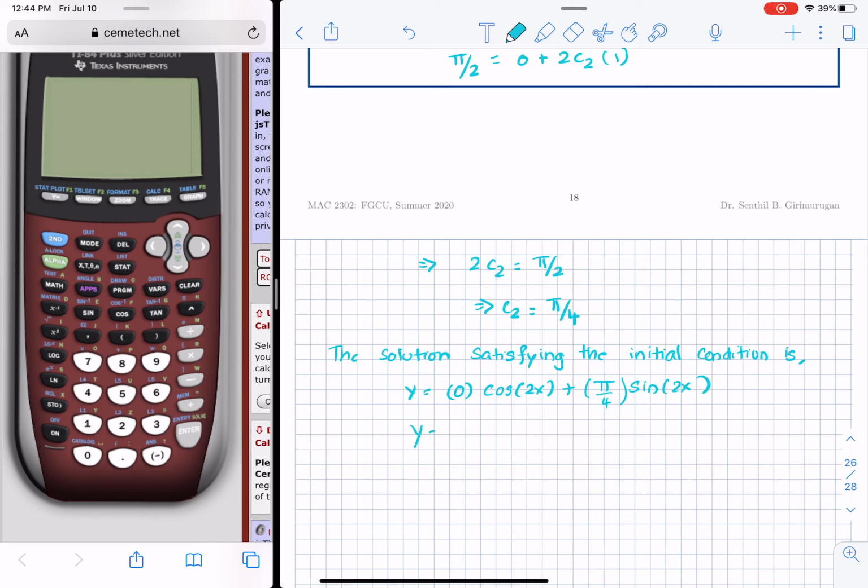So y equals pi over 4 multiplied by sine 2x. And that would be the solution satisfying the initial conditions. So keep in mind, if you have complex roots, the solution must have cosine and sine terms.